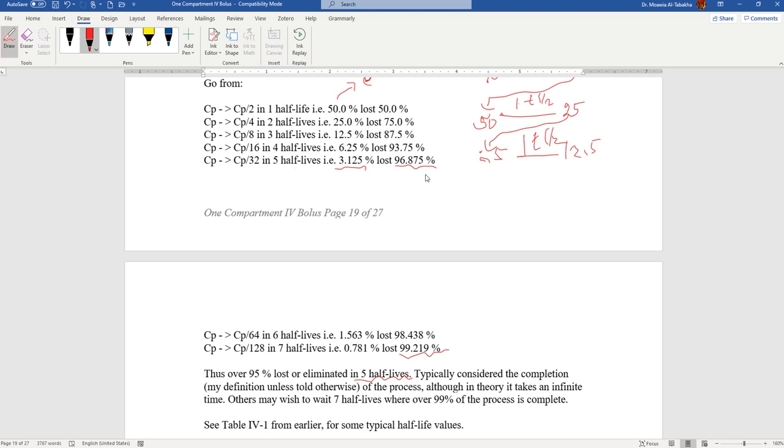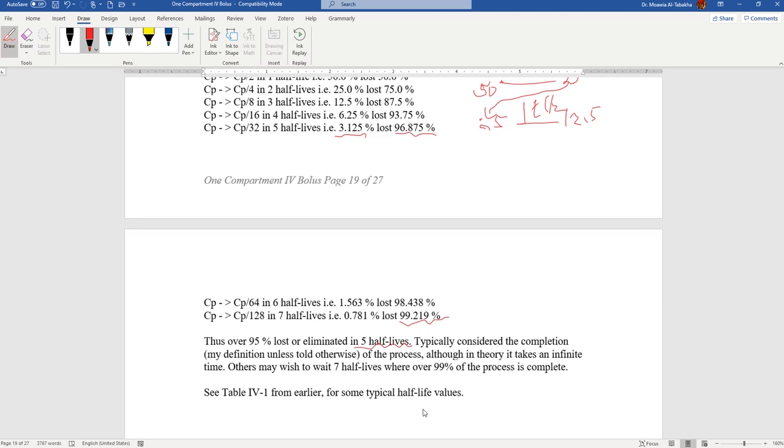This is correct for many textbooks. Some textbooks say no, we will consider the drug to be eliminated after 7 half-lives because more than 99% of the drug will be lost.